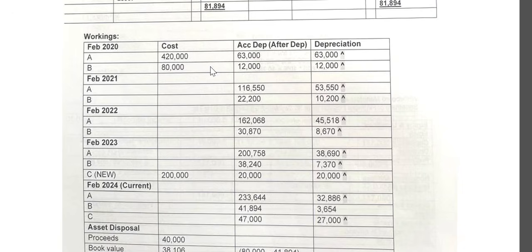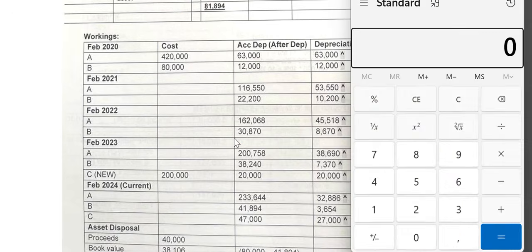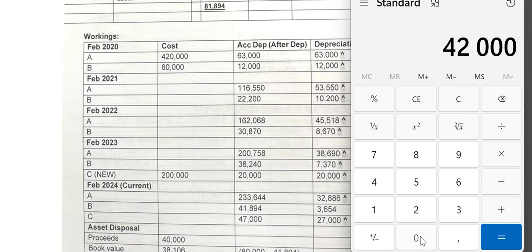Now they say depreciation is calculated at 15% per annum. I'm not going to do all these calculations, but 420,000 times 15% is equal to 63,000. Then the 80,000 times 15% equals 12,000.